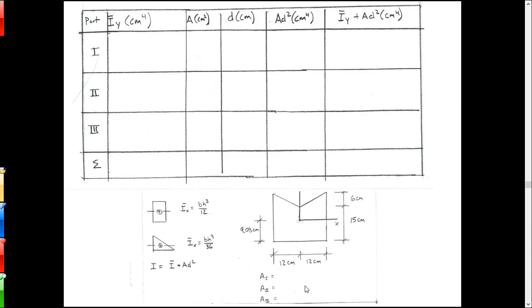This would be 0, but this would be 0, so plus 7.